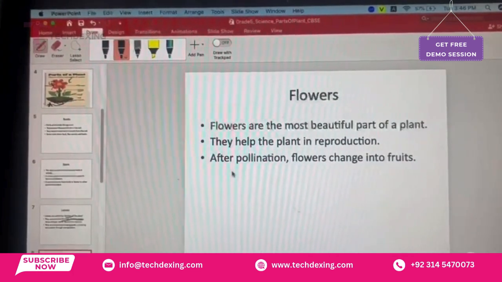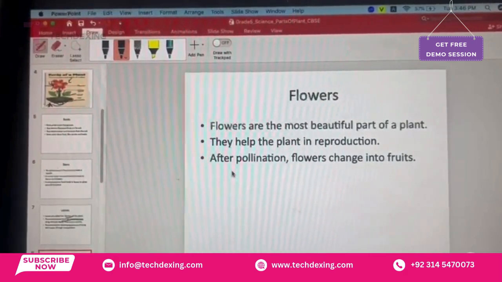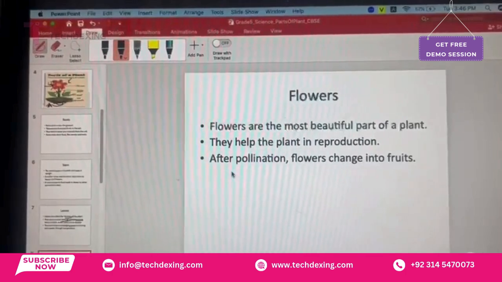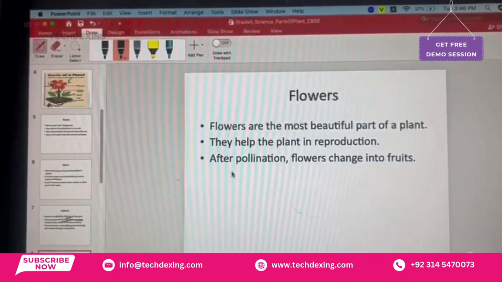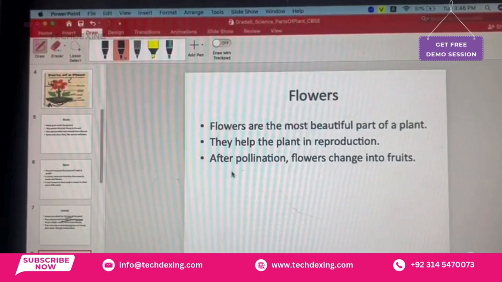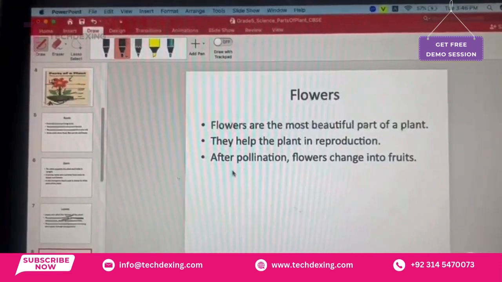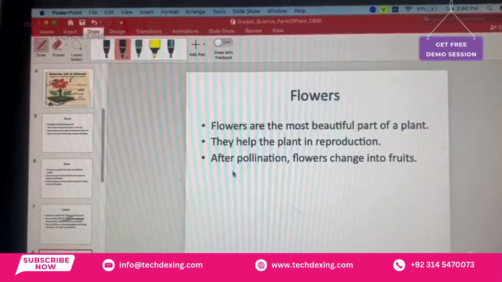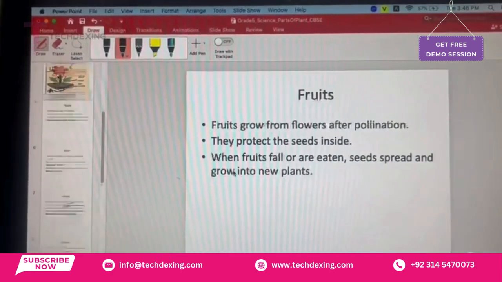Pollination is the process in which the flower reproduces, makes its copy, makes a new one. Just like photosynthesis, this is also a bigger topic, so we will discuss it in the next class. Flowers make the next plant, like making its own copy.